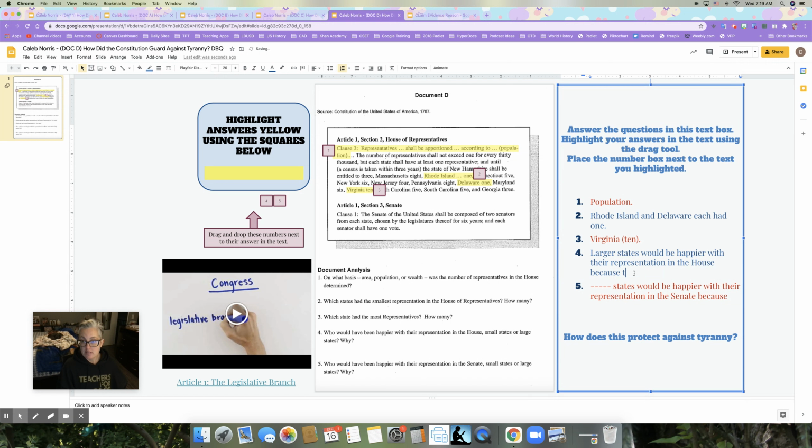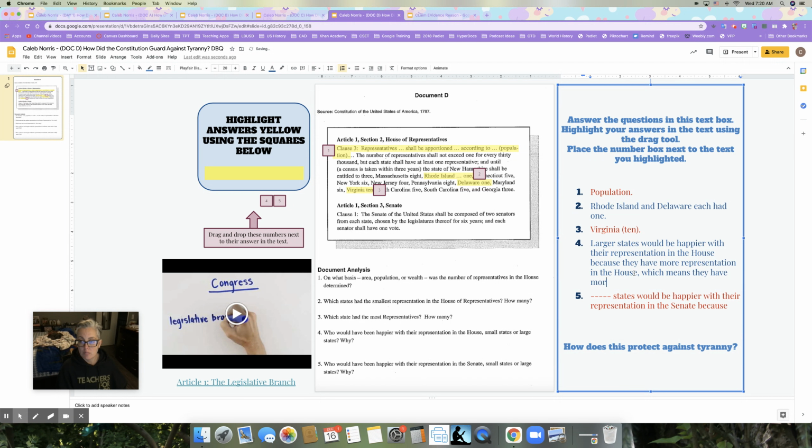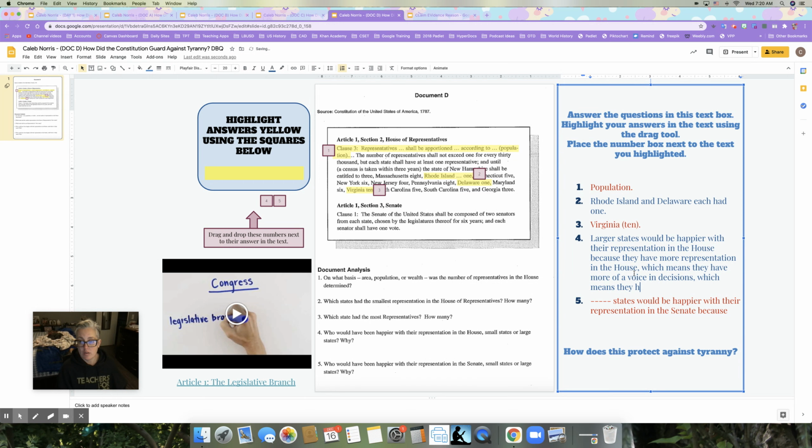Because they have more representation in the House, which means they have more of a voice in decisions, which means they have more power.